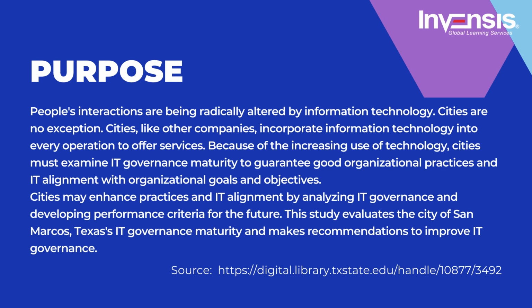Because of the increasing use of technology, cities must examine IT governance maturity to guarantee good organizational practices and IT alignment with organizational goals and objectives. Cities may enhance practices and IT alignment by analyzing IT governance and developing performance criteria for the future. This study evaluates the city of San Marcos, Texas's IT governance maturity and makes recommendations to improve IT governance.